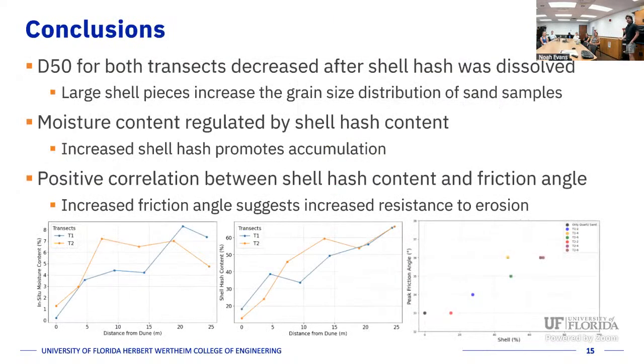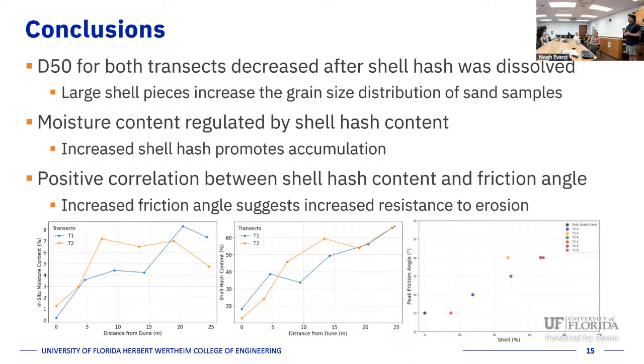As a whole, what we gathered from this is that our grain size distribution is impacted by the shell hash, where our D50 decreases with less shell hash, and our large pieces increase the grain size distribution, D50.